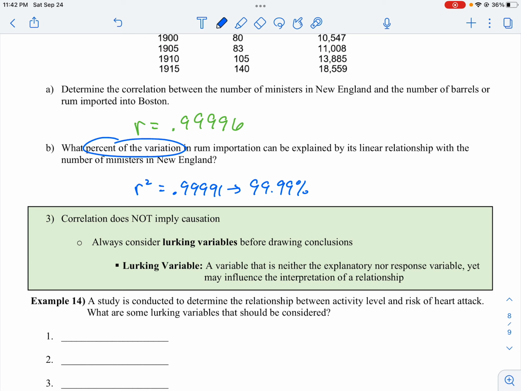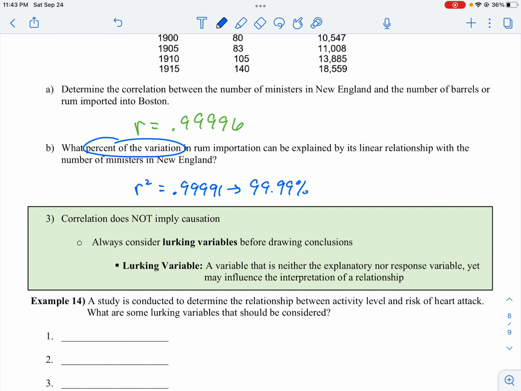It's not necessarily that, oh, we've got more ministers, that means more rum is coming in. We always have to consider lurking variables before we draw conclusions. So by definition, a lurking variable is a variable that's neither the explanatory variable nor the response variable, yet may have an influence on their relationship.